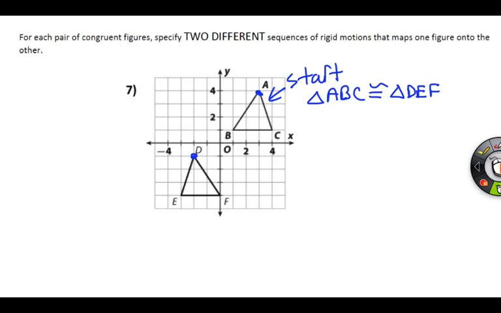Actually, no, that wouldn't be the congruent statement, because we want the vertices to match up, right?